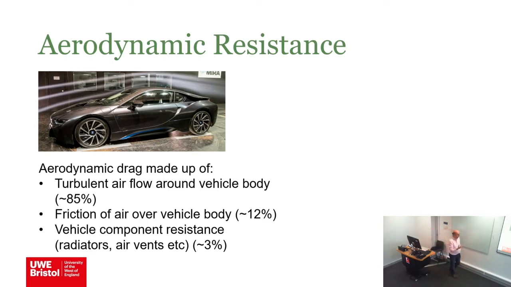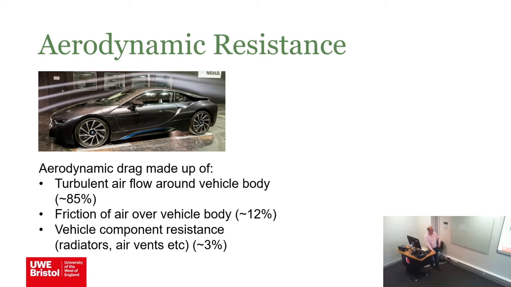Aerodynamic drag is made up of three different things predominantly. Okay. Clearly, as the air flows over the car, you're going to get turbulence around the vehicle body, certainly at the back of the car, and depending on where there's sharp edges and things like that. Clearly, there's friction between the air moving and the car body. You get a boundary layer thing going on, so that also contributes, which is why if you think about air over a train, a long train has more drag than a short train, even though the frontal area is the same.